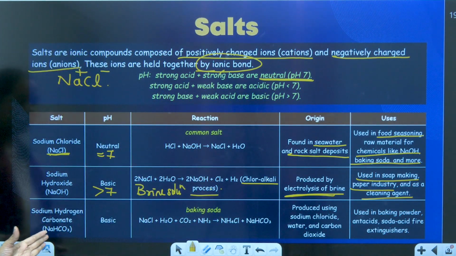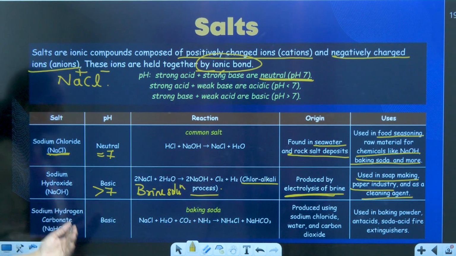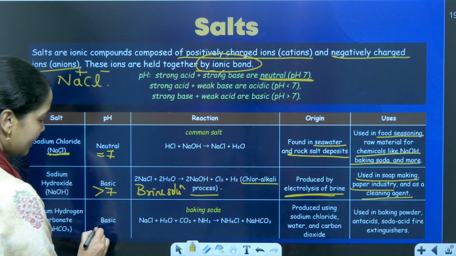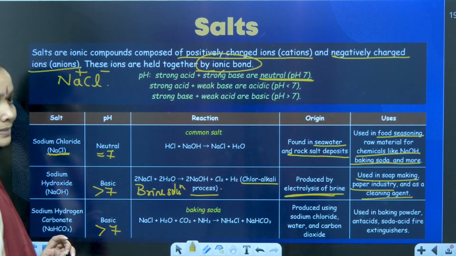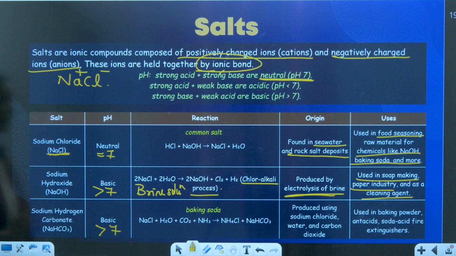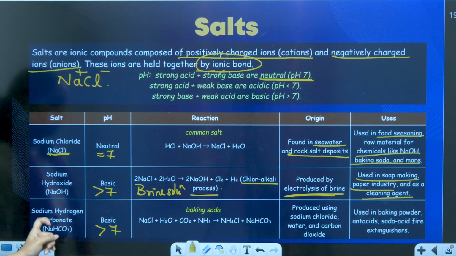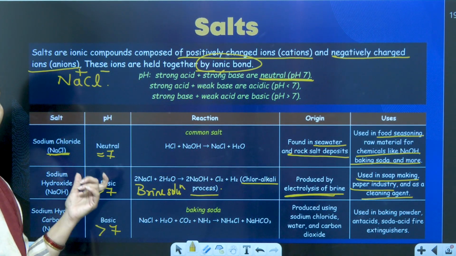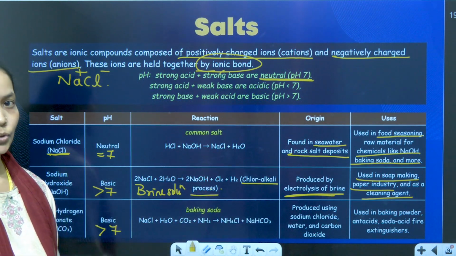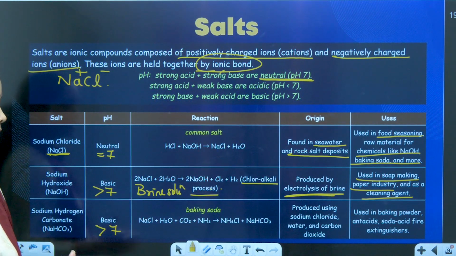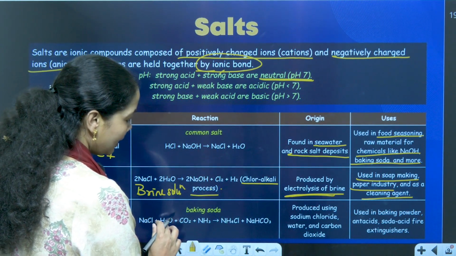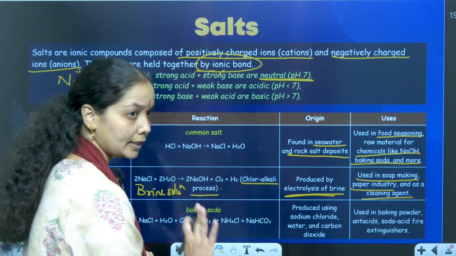The third type of salt is sodium hydrogen carbonate. This is again basic, that means the pH is greater than 7. So sodium hydrogen carbonate, as I told you, NaHCO3 is the chemical formula. Commonly this is known as baking soda. The formation is, I will take NaCl, add it with water, carbon dioxide and ammonia.